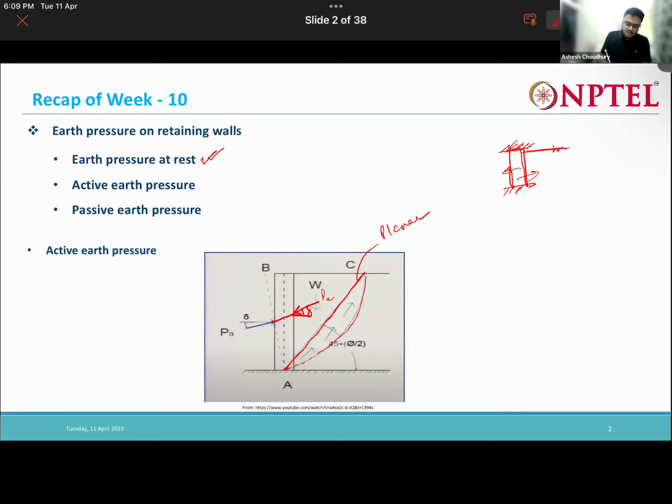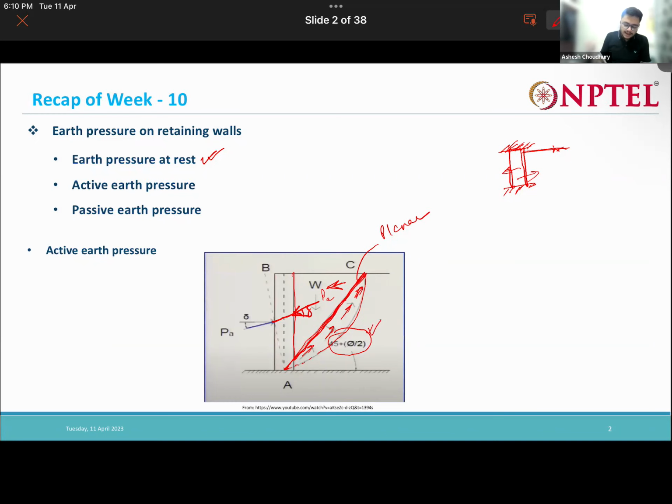This soil will push the wall in this direction, due to which shear resistance will develop. The soil will try to come down, so some shear resistance develops at the interface. This failure wedge makes an angle of 45 plus phi by 2 with the horizontal in the case of active earth pressure. We will see how the phi by 2 comes.